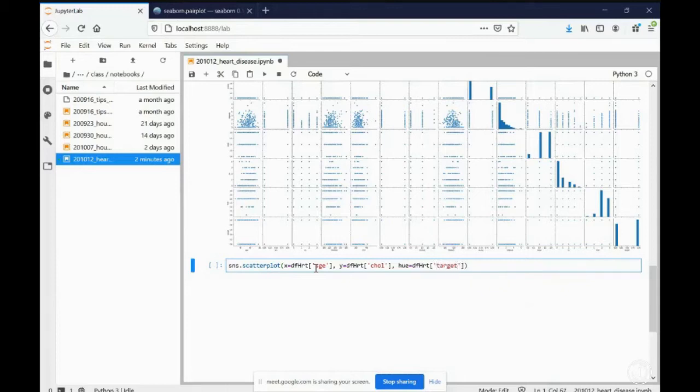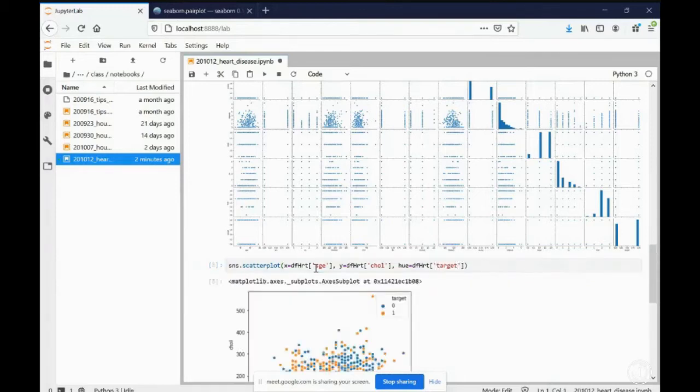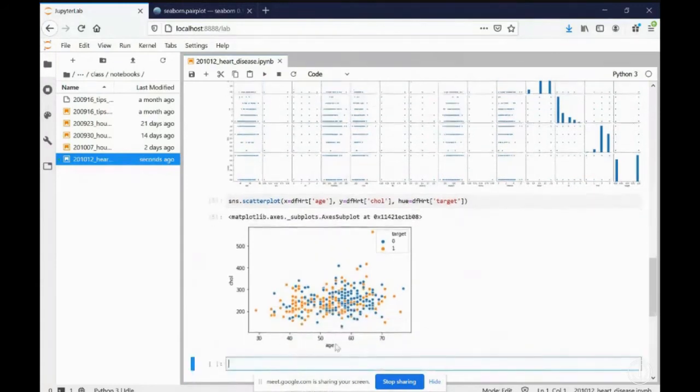Okay, so what this is giving us is age versus cholesterol, and we've flagged everybody that has disease as orange, and then that doesn't as blue.